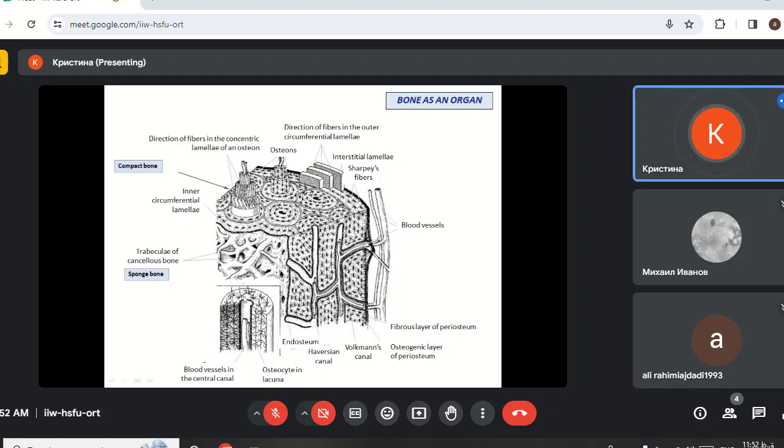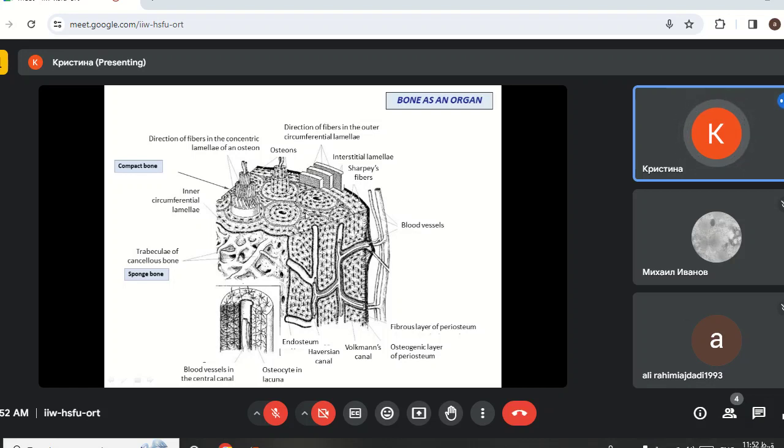It consists of central canal, Haversian canal, inside which the blood capillary and nerves go, surrounded with loose fibrous connective tissue, and circumferential lamellae, bone lamellae of the osteons. And between the osteons we have the so-called interstitial lamellae. These are the remnants of the previously formed osteons.